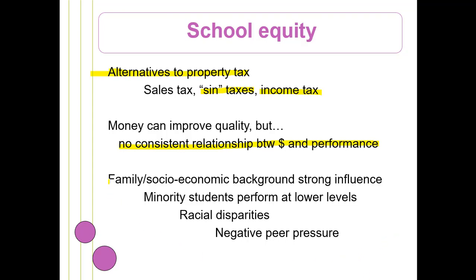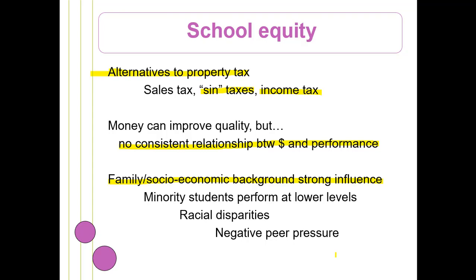What we have found is that family socioeconomic background, as it is with so many other things, is the strongest influence, because that literally is transferring what we call social capital from one generation to the next. The value of education, the motivation for education, forming those early habits of studying and learning and focusing, which are strongly geared by parental influence.